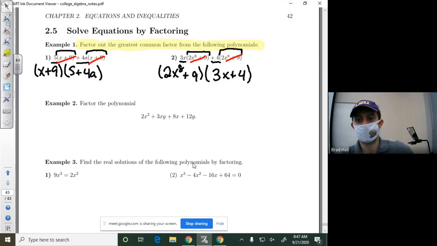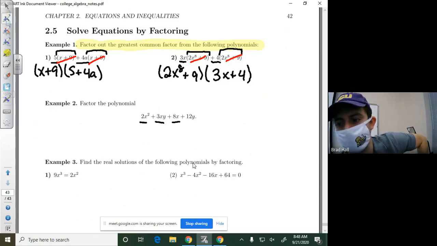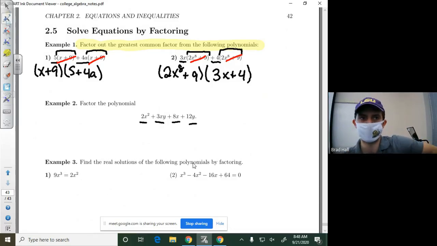Now, generally, factoring by grouping is normally something you do when you have 4 terms. So in example 2 here, notice you have 1, 2, 3, 4 terms. So generally, this is the process you would use in that situation.